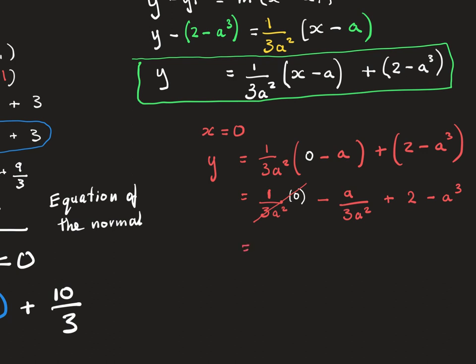So all we're left with is a over a squared, and we can also cancel an a and an a over here, which means we just have minus 1 over 3a, plus 2 minus a cubed.